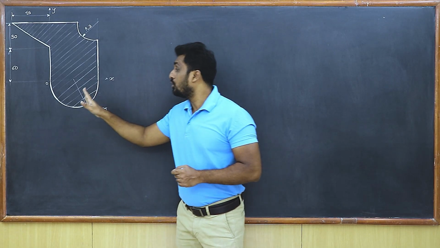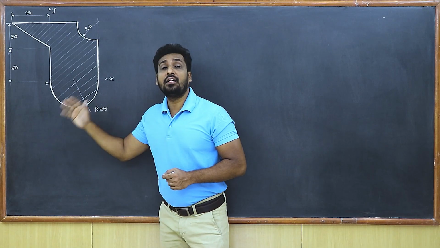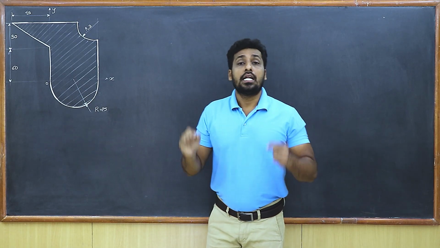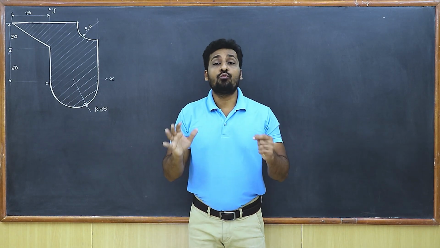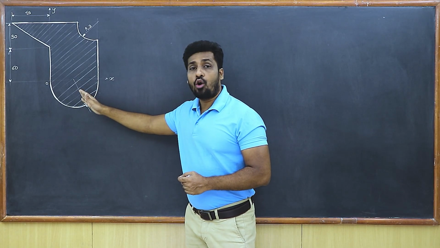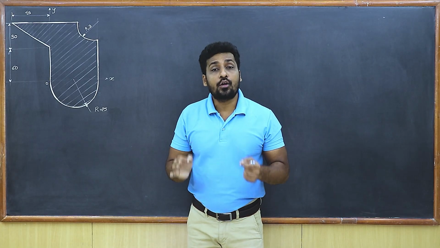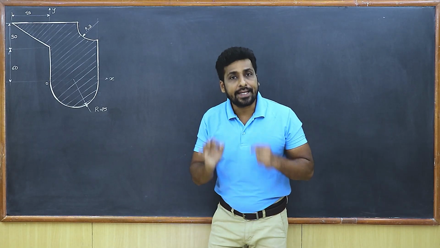Likewise, students, when you go for the semicircle, you can see that the semicircle is in the fourth quadrant, isn't it? Now what happens in the fourth quadrant? What can you say about the coordinates of a point in the fourth quadrant? You know that the x coordinate is positive and the y coordinate is going to become negative.